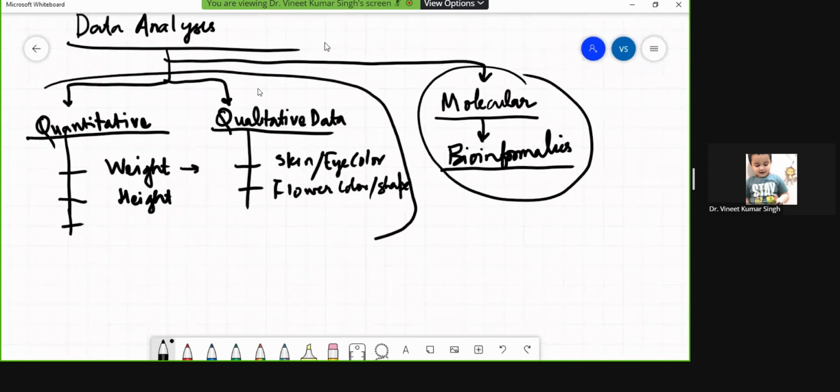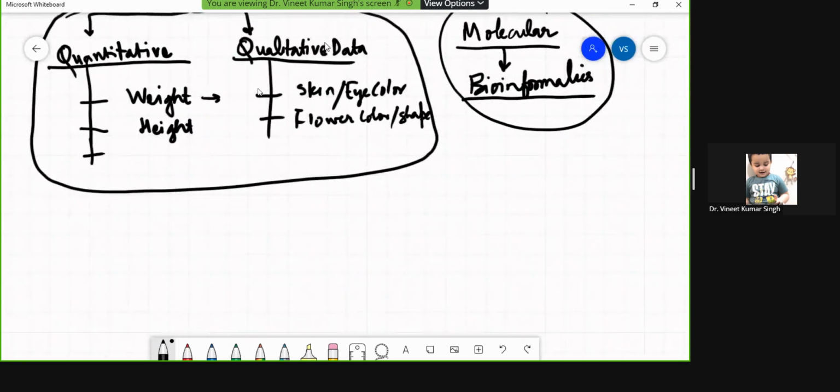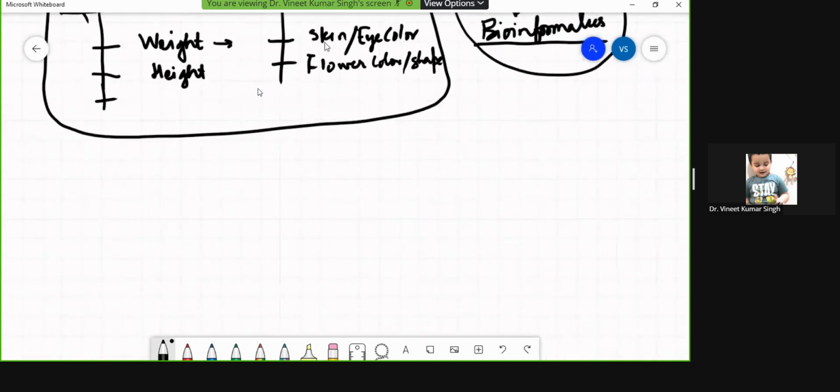Today we will concentrate only on these types of data, which are generally used in ecological studies, environmental studies, or epidemiological studies. Okay, now this field of data science is known as biostatistics.